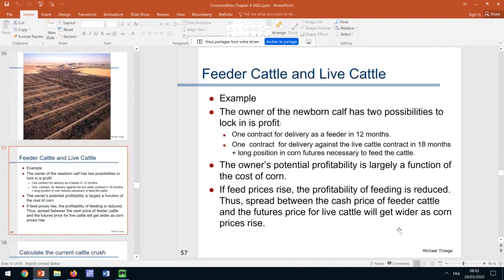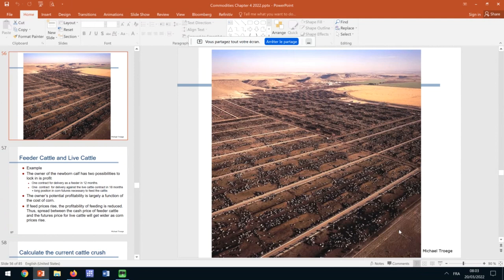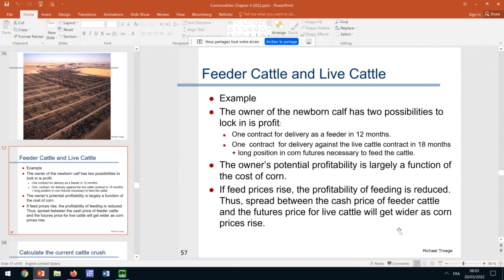So what's the precise situation? What will happen if you are this guy? In this case, I take the position of the owner of a newborn calf. He wants to make sure that he can reimburse his loan, so he needs to hedge his profit.